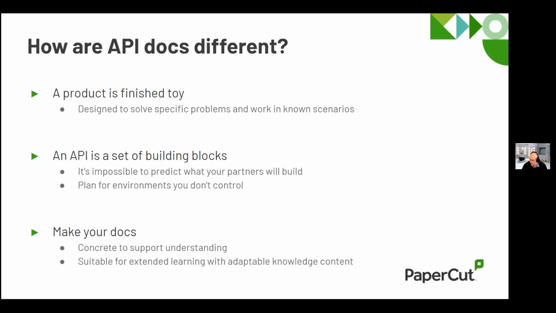And as a documentarian and a software developer, you have no say over how those things will fit into other systems. So you really got to have much more open-ended documentation in terms of presenting people with options and possibilities, saying these are the sorts of things you could do with it, but making your documentation such that it doesn't lock them in.